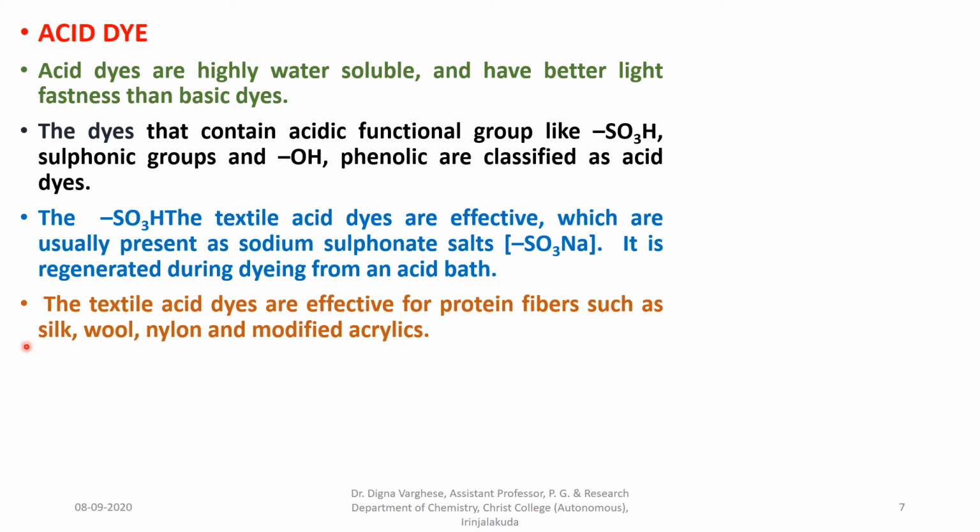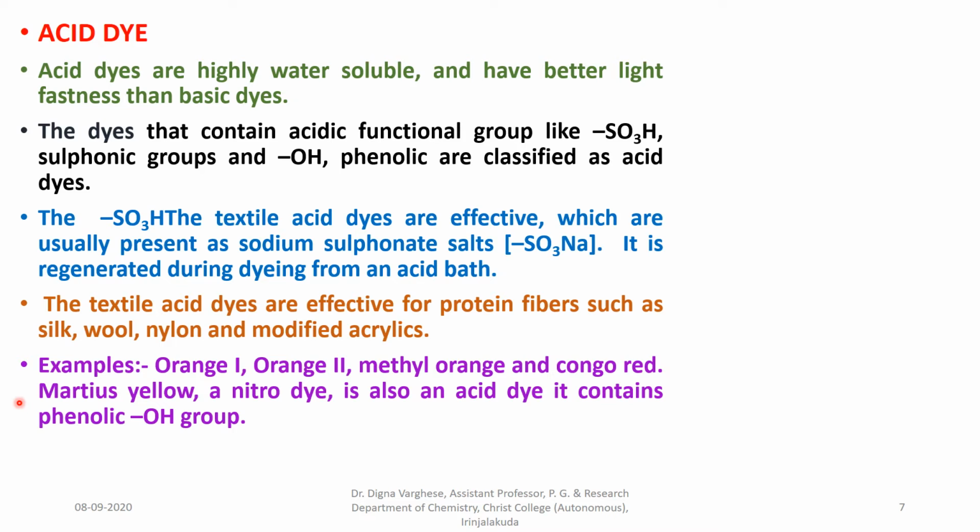The textile acid dyes are effective for protein fibers such as silk, wool, nylon, and modified acrylics. Protein fibers have polyamide or polypeptide bonds. So the textile acid dyes are effective for silk, wool, nylon, and modified acrylics.